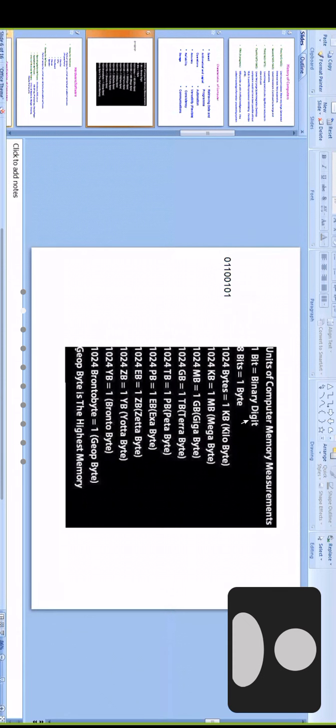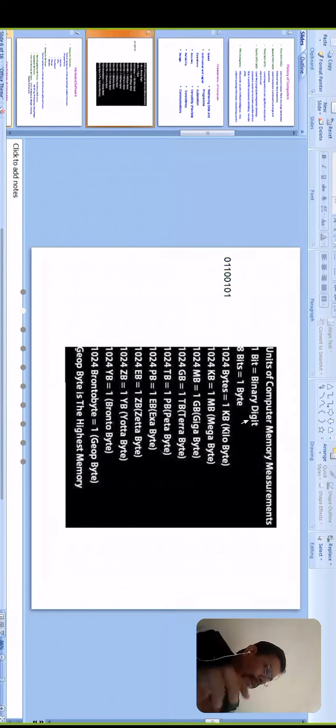My D drive is of a particular GB. What is the size of my A drive, F drive? It depends on the files that are stored. So it depends on how many characters are there in that word. According to that, your memory measurement will be there.